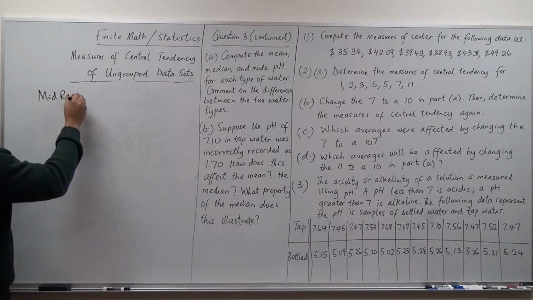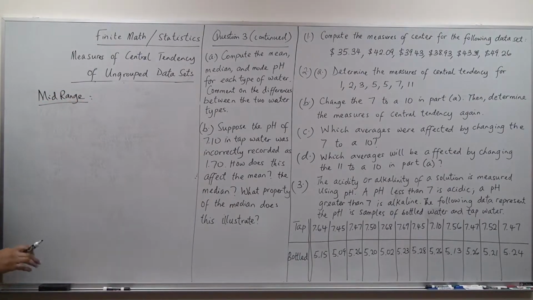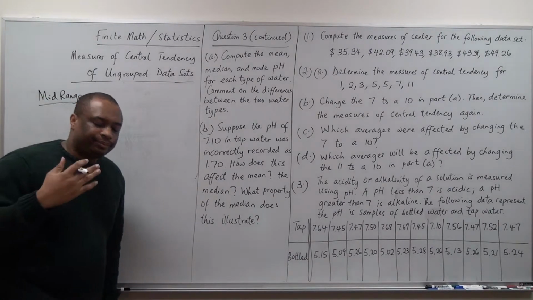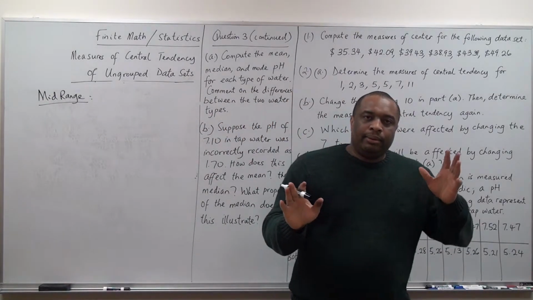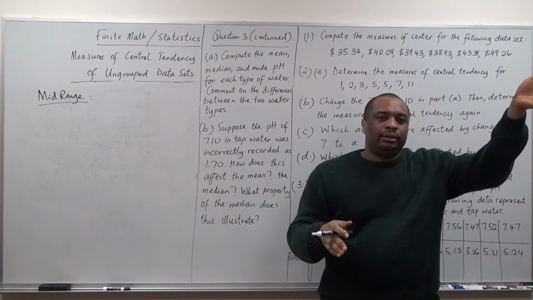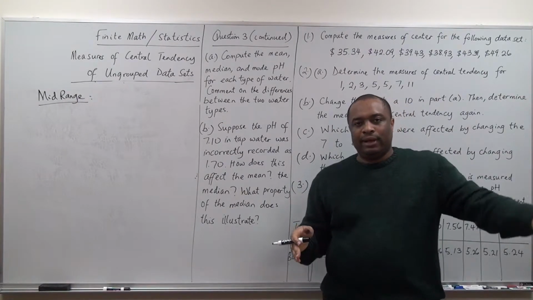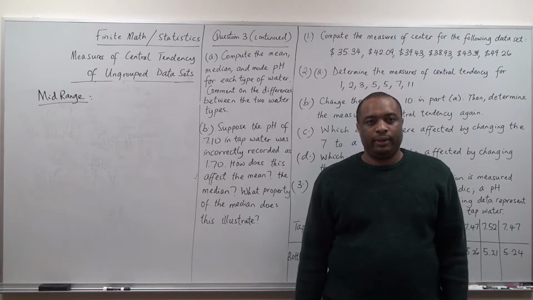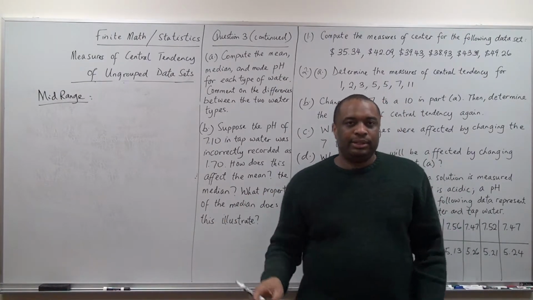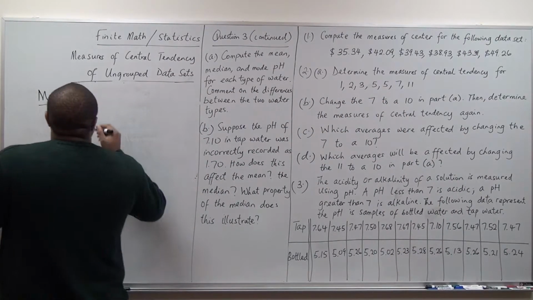Then the next one is the mid-range. Now, mid-range is the value that goes halfway between the lowest value of the data and the highest value of the data. Okay? The number that goes halfway or midway.